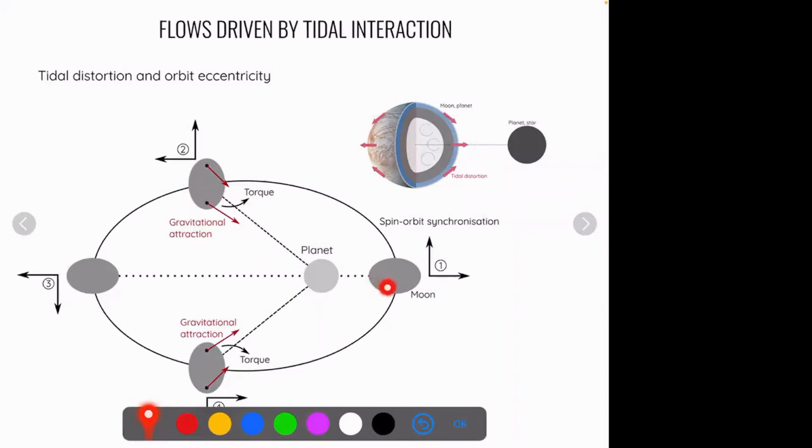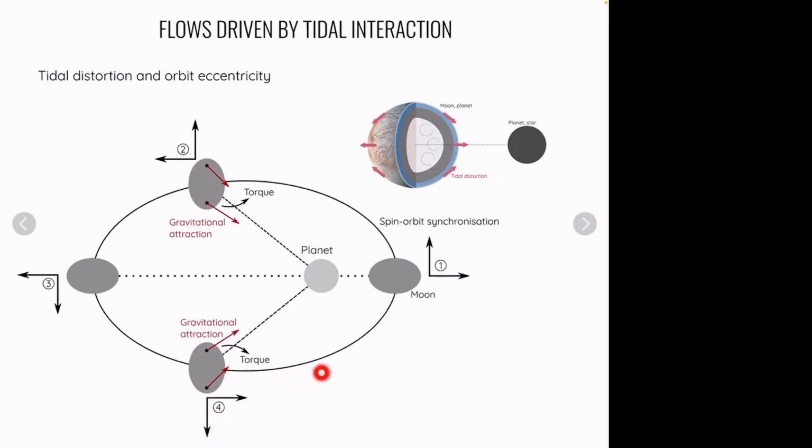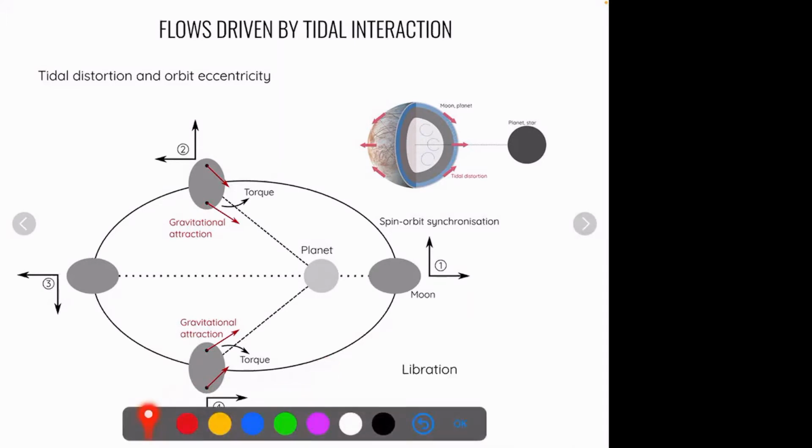If the bulge is initially in this position, then at a quarter of the orbit you have a misalignment between the tidal bulge and the planet, which results in a net gravitational torque that tends to accelerate the spinning rate of the moon. The opposite effect happens at three quarters of the orbit, where the misalignment works to decrease the rotation rate of the moon. So at the end of the day, you have variations of the rotation rate of the moon, which is called libration, and this is what I'm going to study today.